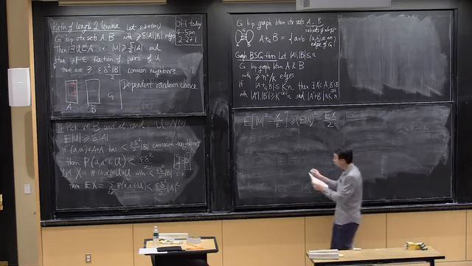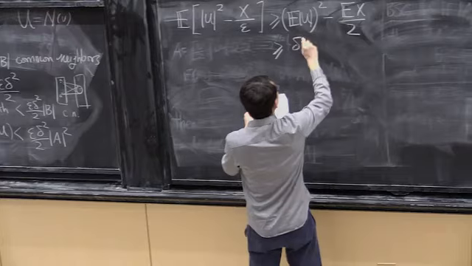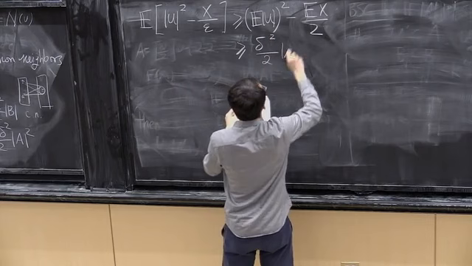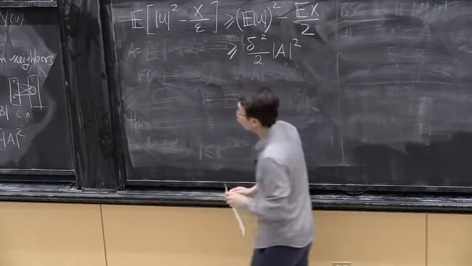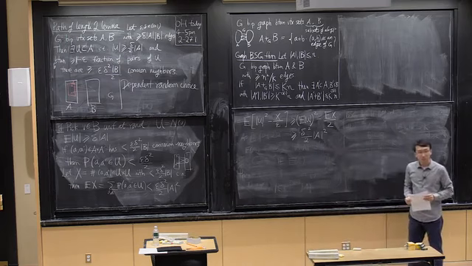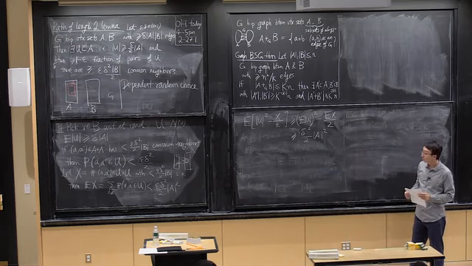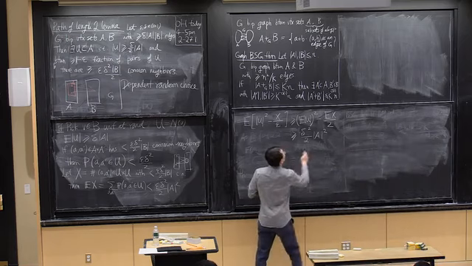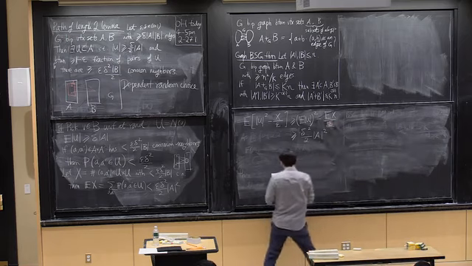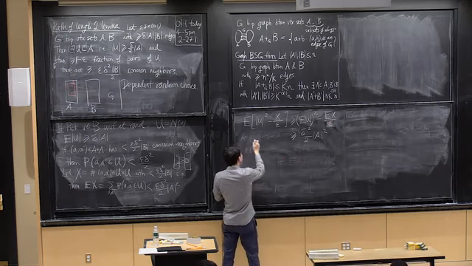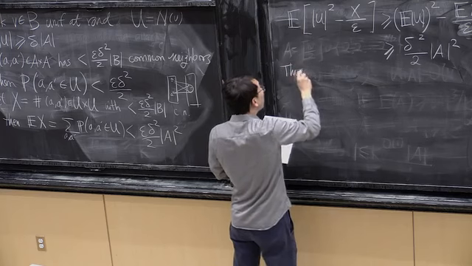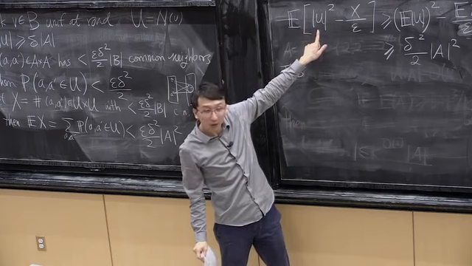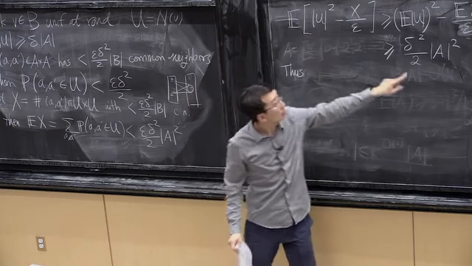So the whole expression can be lower bounded by delta squared over 2 times the size of A squared. Therefore, there is some concrete instance of this randomness, resulting in some specific U such that this inequality holds.